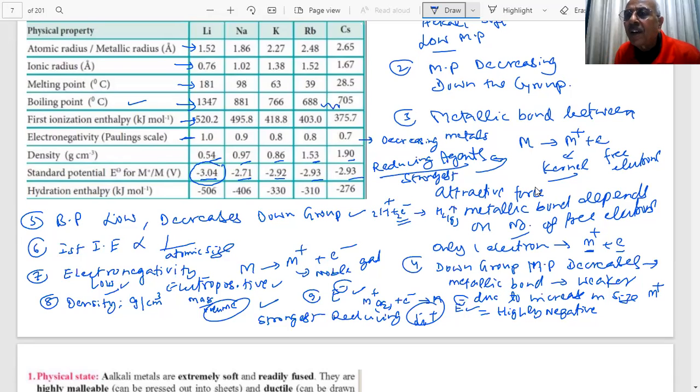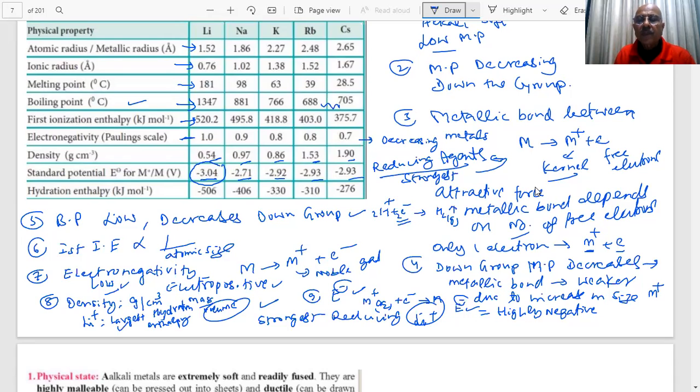This depends on the ionization enthalpy, atomization energy, and it also depends on the hydration enthalpy, students. The hydration enthalpy of lithium is largest. You have seen it, because of the smallest size. You know that Li plus has the largest hydration enthalpy. Clear? Is it right?